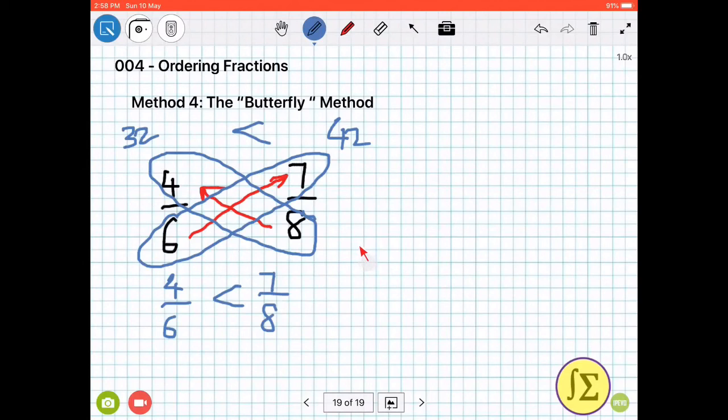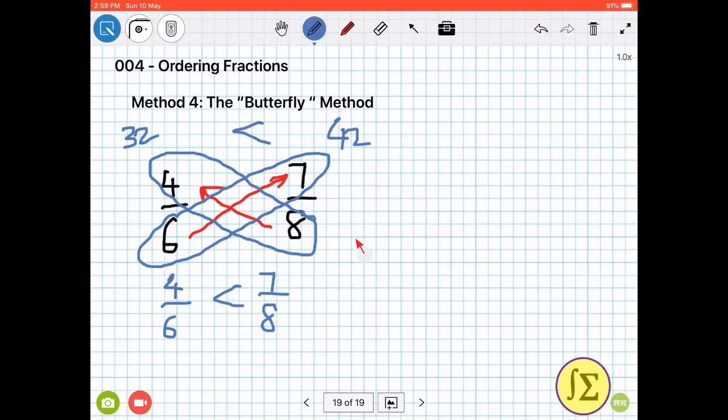Okay, so I would recommend this method if the question does not ask you to show a working, because it doesn't really show your understanding of the math principle behind comparing fractions, like the methods 1, 2, and 3 that I showed in my last video.